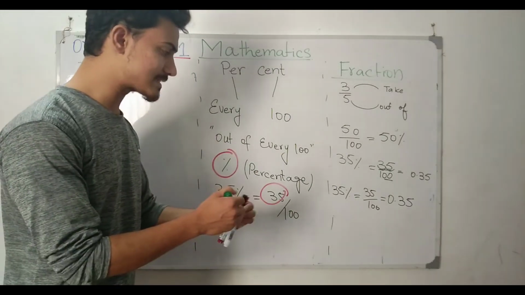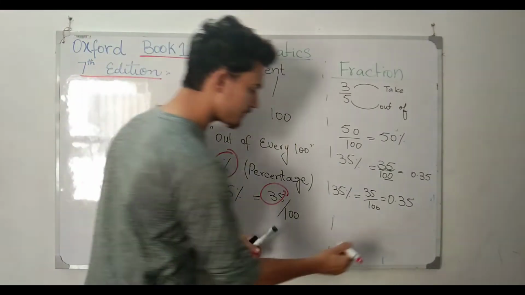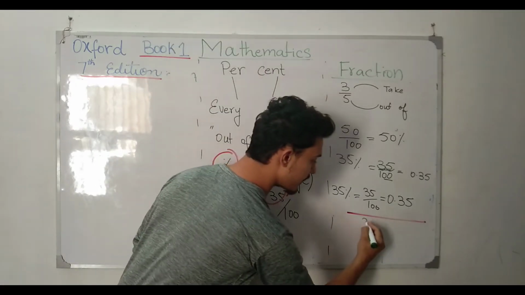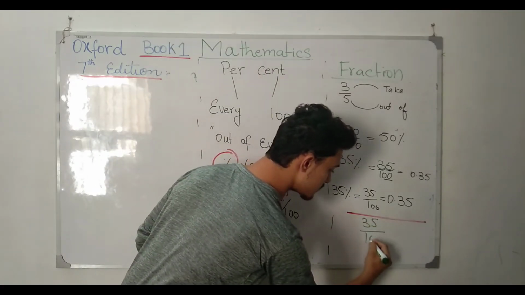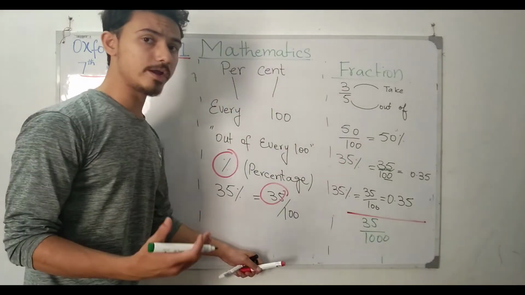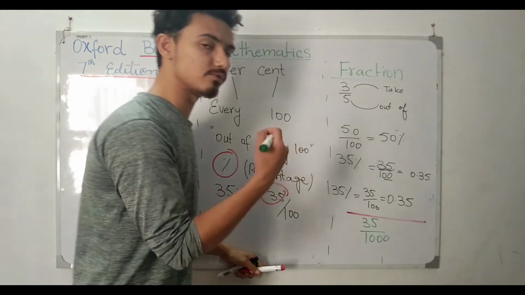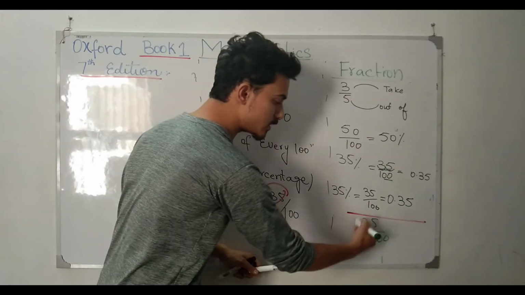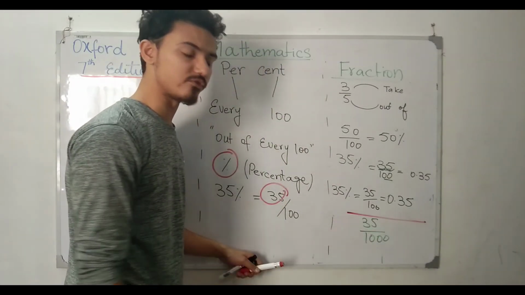Similarly, let me give you another example. Suppose 35 is divided by 1000. I'm just going to clear the concept of decimal value. How can you locate the decimal sign? Now here this is an integer number, 35.